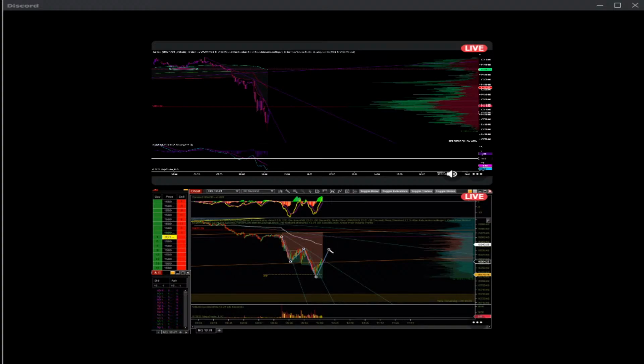Talking about this here, guys, we have two plays here. Wait for the break here, go back up, come back down, retest and go back up. That seems like it's coming back down, so let's see.